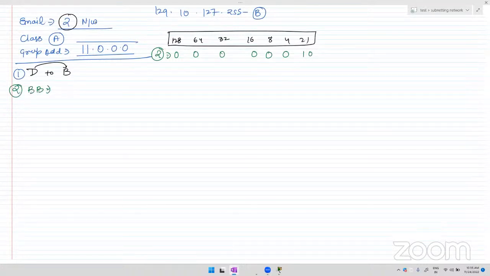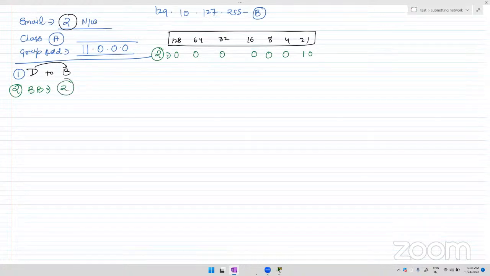Anyone know which one is the borrow bit? Loyal, Neil, Gopi, any idea? Borrow bit means the position number of the first on bit. The borrow bit is 2, because the second position is enabled. So now the borrow bit is 2.